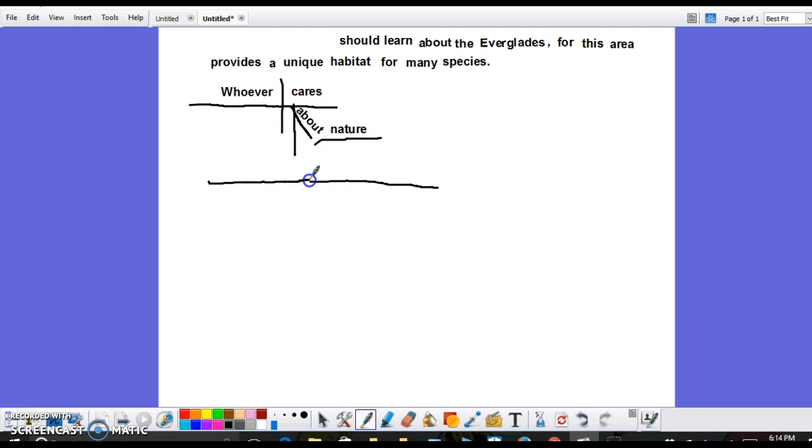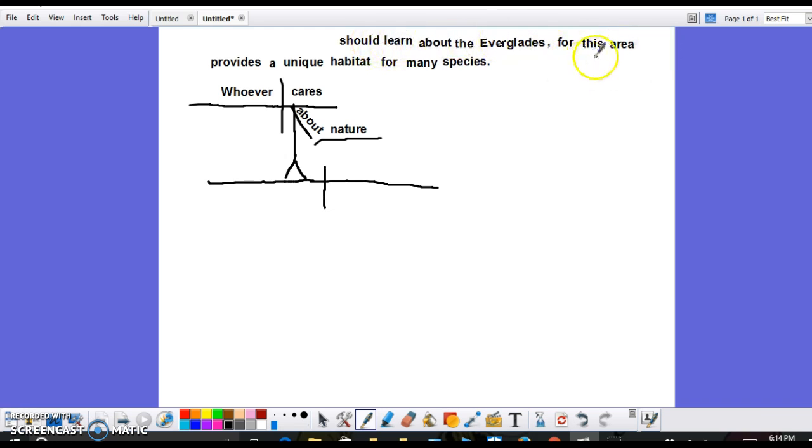This is our line. It's still our subject, but this whole thing is our subject, and it's so big it has to stand on two feet. And this line right here is separating our subject from our verb, from the main sentence that we're looking at.